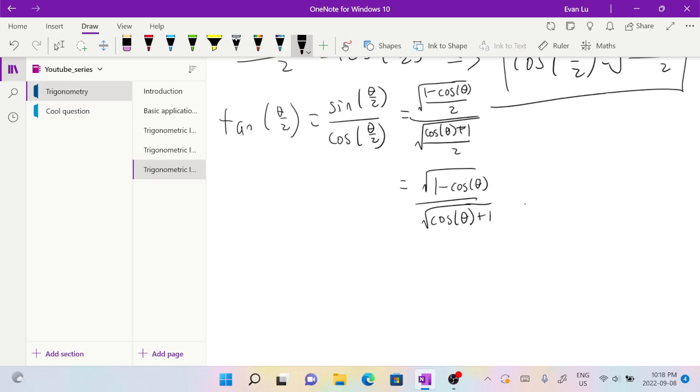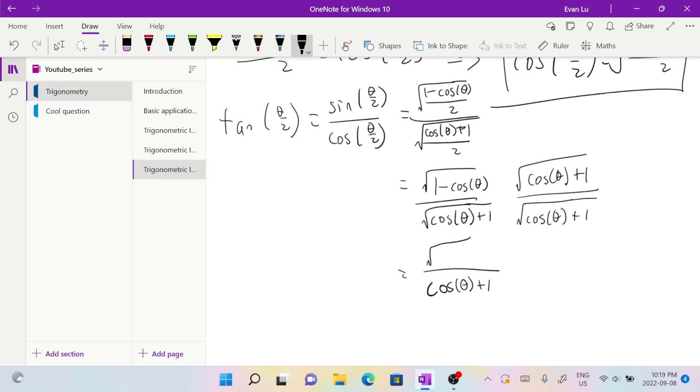So one thing that we do is we can rationalize the denominator. So let's just take the bottom and let's multiply it by square root of cos theta plus 1 just to get rid of the square root. And so we have to multiply the top by this as well. So now on the bottom, we just get our cos theta plus 1 as normal. And on the top, well, we can recognize it's just a difference of squares.